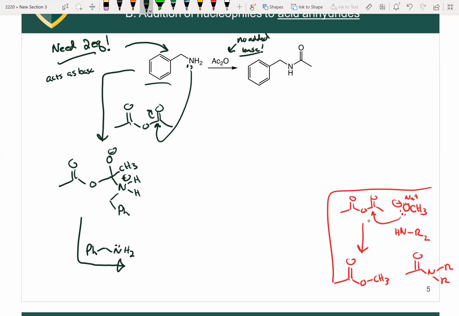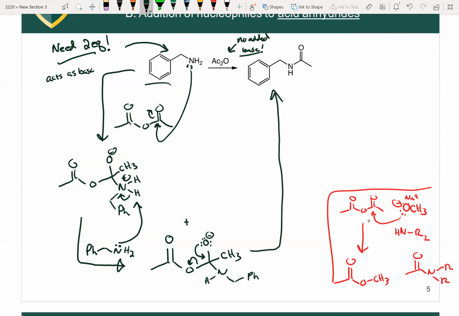This avoids the cross-reactivity potential of our base inadvertently reacting with our strong electrophile. And the lone pairs on our alkoxide intermediate will come down and kick out our acetate leaving group.